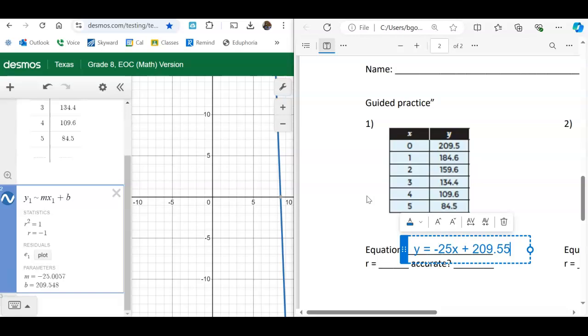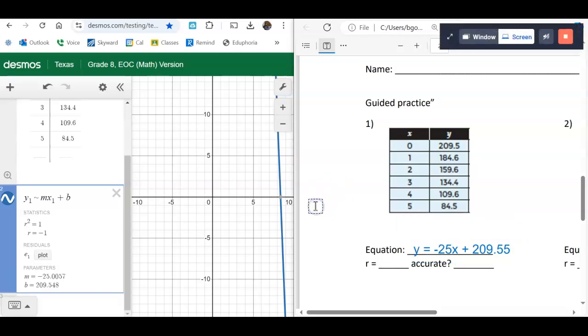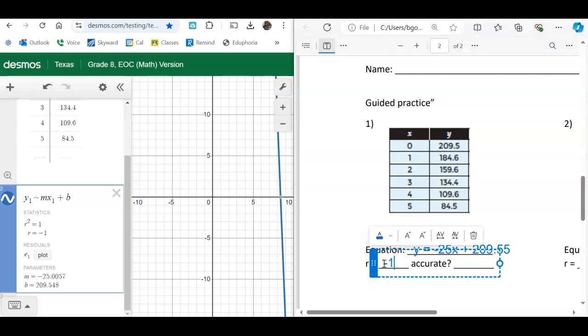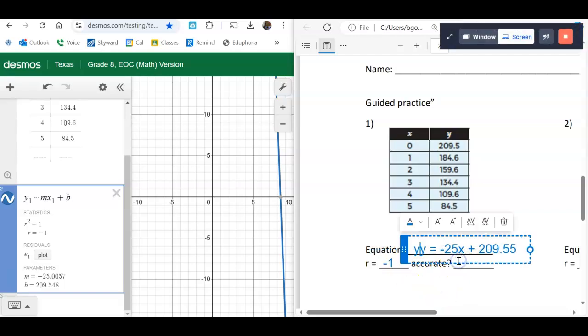I'm going to round to the hundredths place, 2 decimal places, okay? So I know I had to round, and I know the numbers aren't pretty, but that's it. That's a linear regression. My R value right here is -1. As long as it's -1 or +1 or close to it, then you could say, yes, that is accurate.